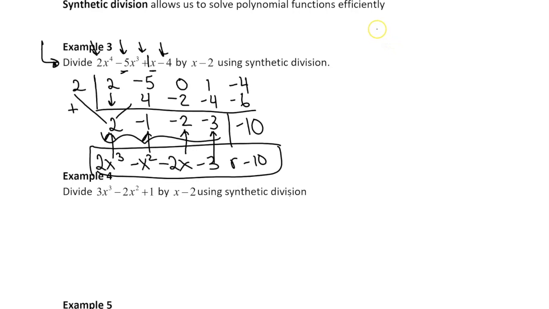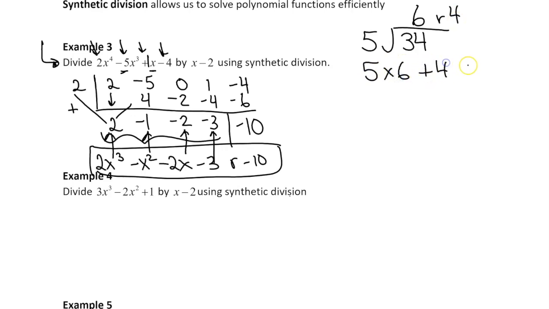But if we said 5 goes into 34 6 times with a remainder of 4, we could rewrite that statement by saying 5 times 6 plus 4 equals 34.